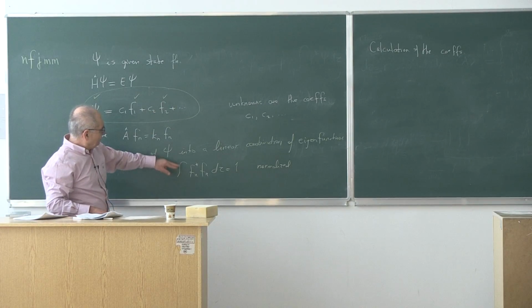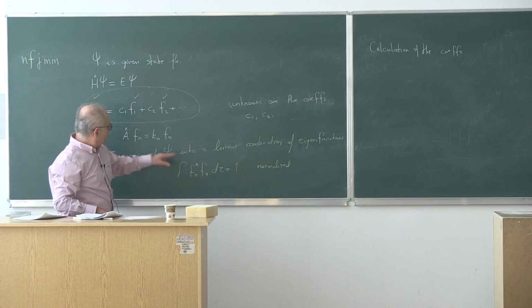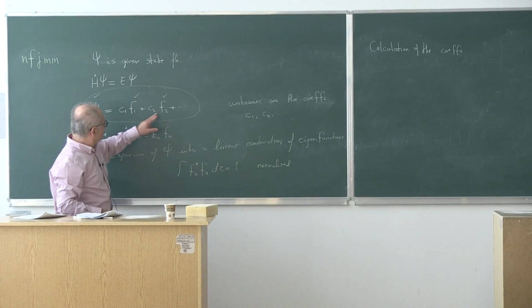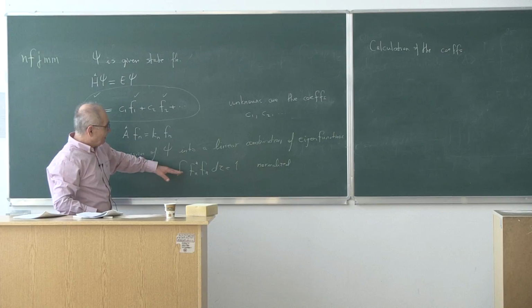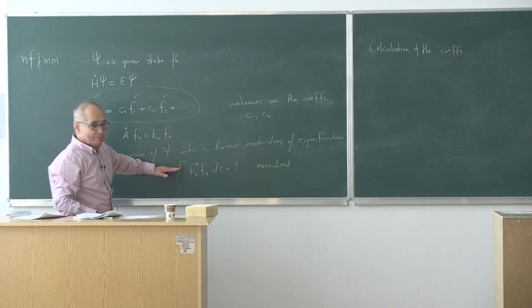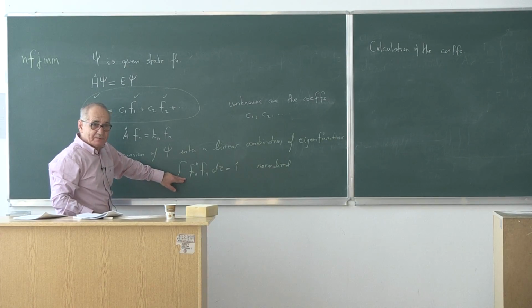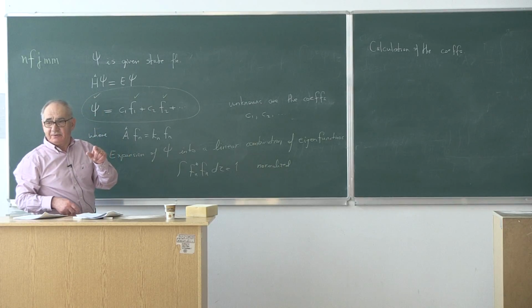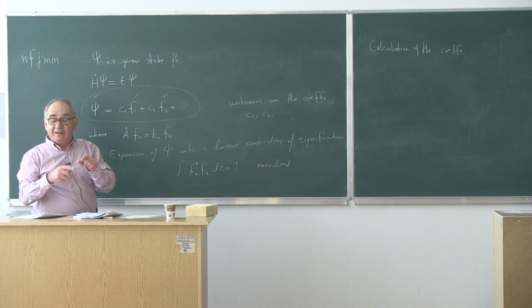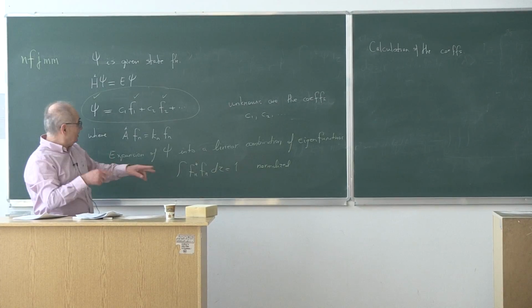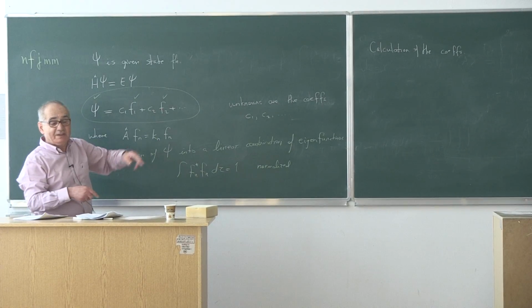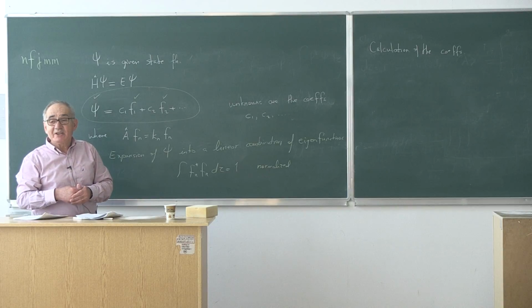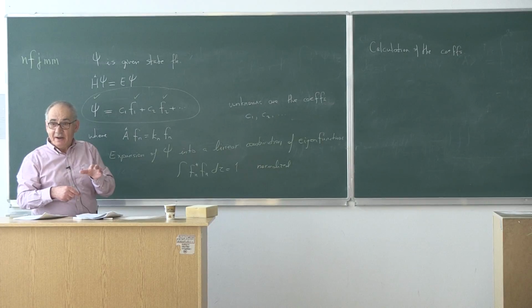One is the given functions f1, f2, f3, and so on, they are all normalized, which means this property is satisfied. Second fact we are going to use is that the set of eigenfunctions f1, f2, f3, and so on must be orthogonal. Orthogonality. Why?